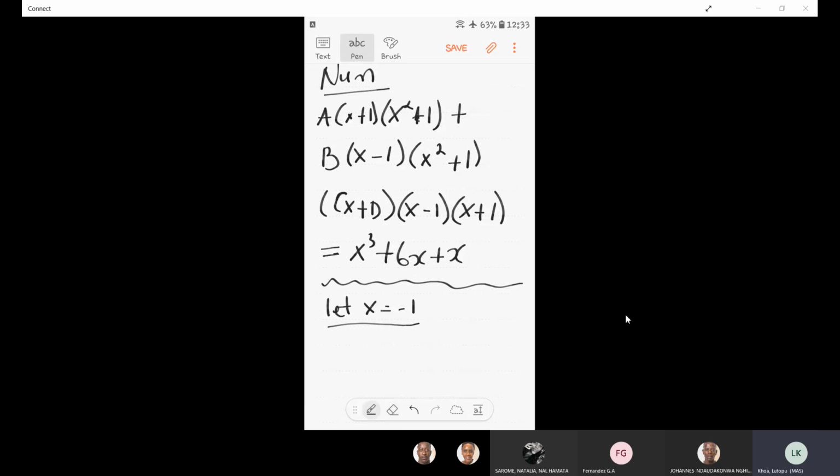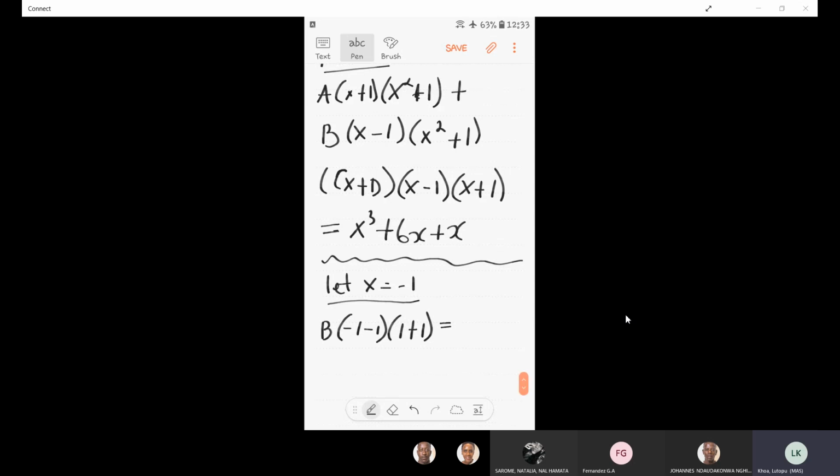Then what I have is, if x is equal to minus 1, then I will have b times minus 1 minus 1, and then I have minus 1 squared, which is just 1, plus 1, and then on the right hand side I will have minus 1 cubed, which is just minus 1, 6 times minus 1, which is minus 6, and then plus minus 1, which is just minus 1.